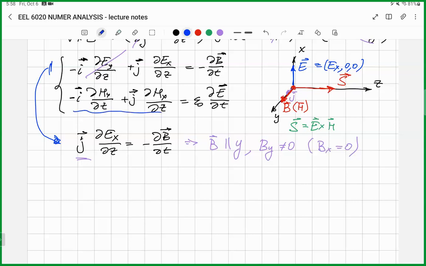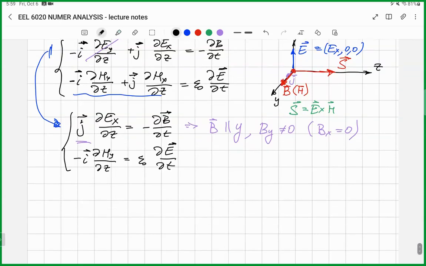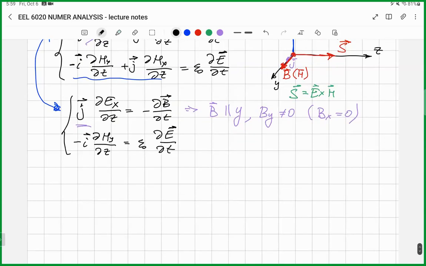From this second equation, we get minus i dHy over dz is equal to epsilon naught dE over dt. Okay, so now it's much simpler.